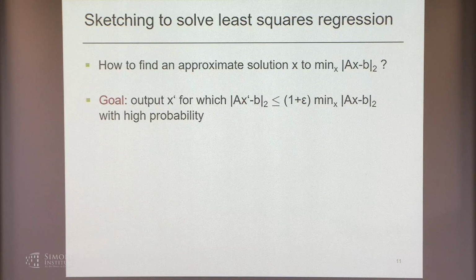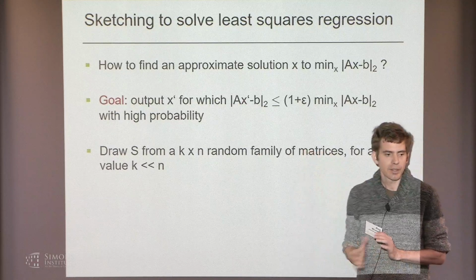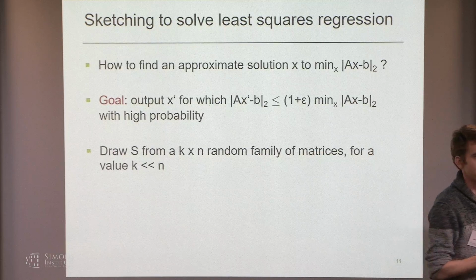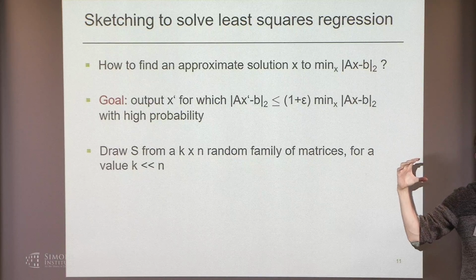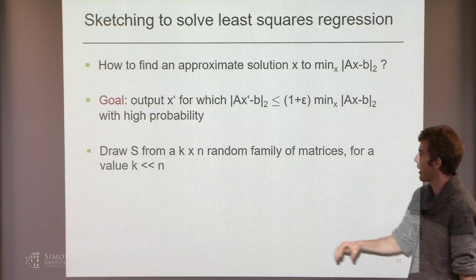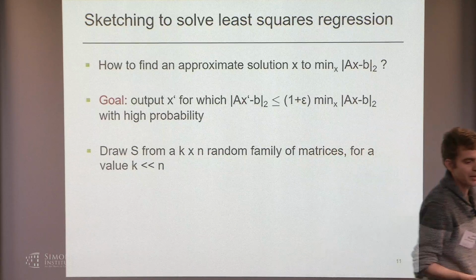With high probability. So here's the sketch and solve paradigm, if you haven't seen it before. The idea is to choose a random matrix S from a certain family of random matrices. I'll get into different families. An important property about S is that it's very wide and fat, so it has a very small number k of rows, typically much less than n, and often independent of n.